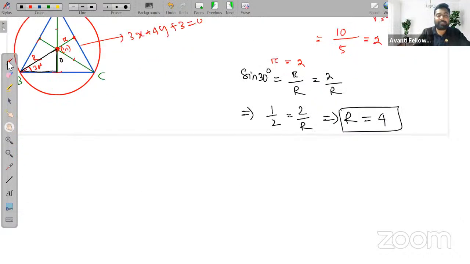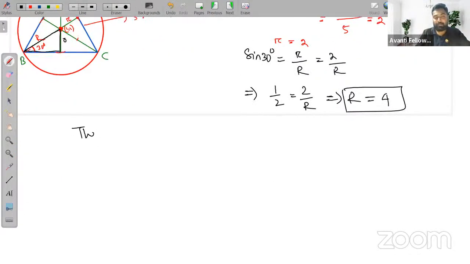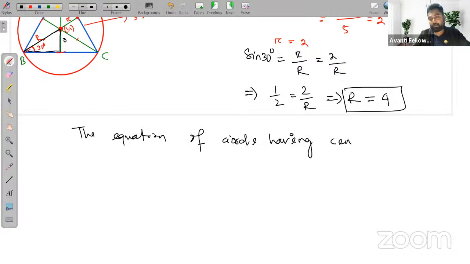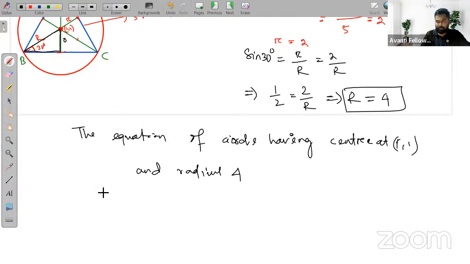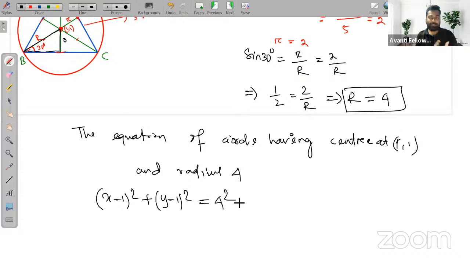So the equation of the circle having center at (1, 1) and radius 4 will be (x - 1)^2 + (y - 1)^2 = 4^2.